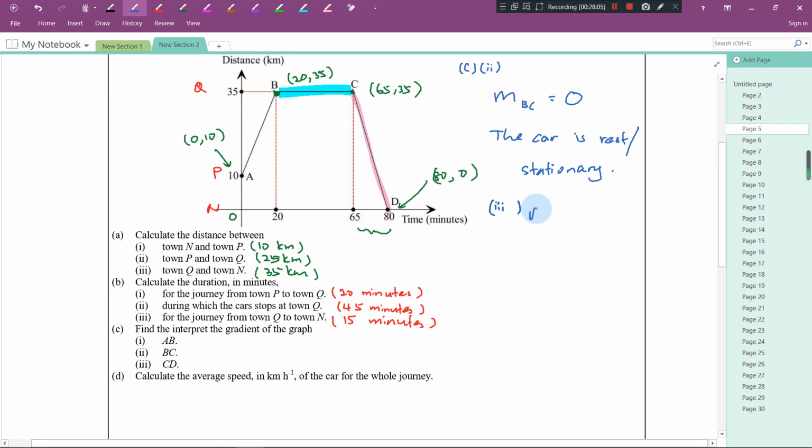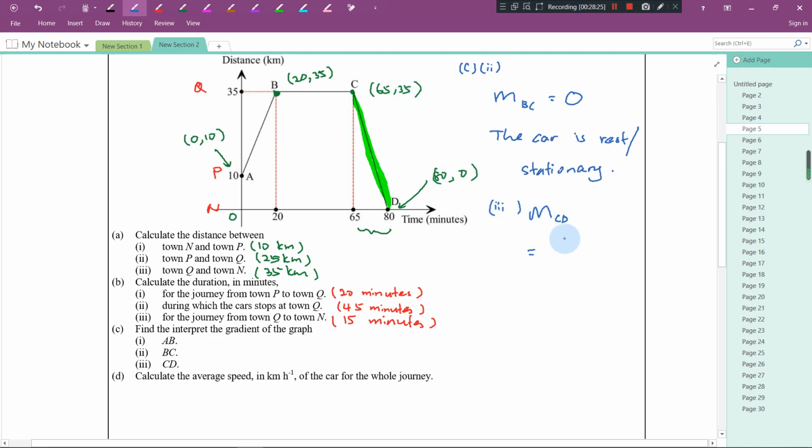CD, gradient for CD. So now we need to focus on this part. CD. Same thing, we use a gradient formula.